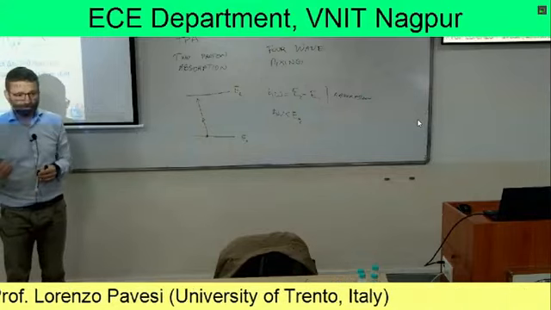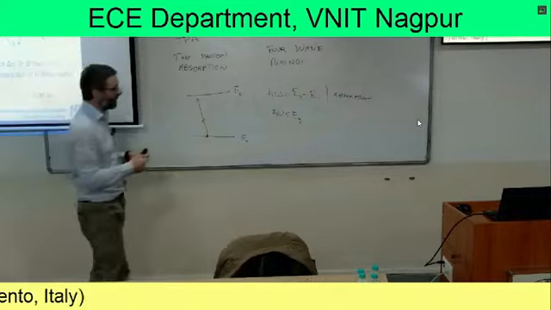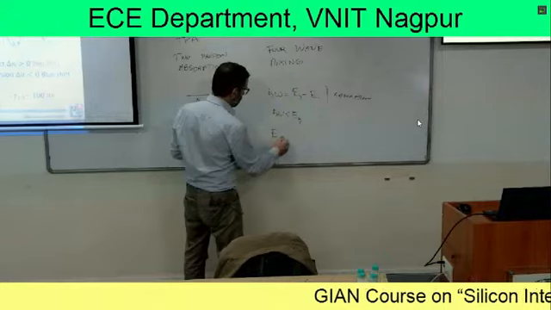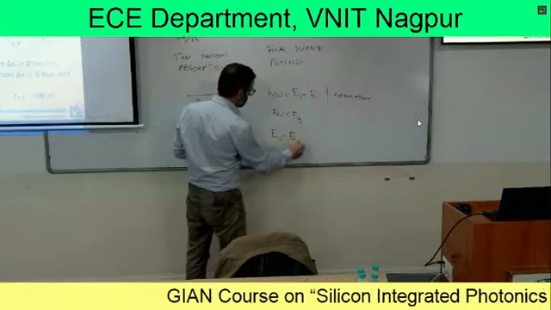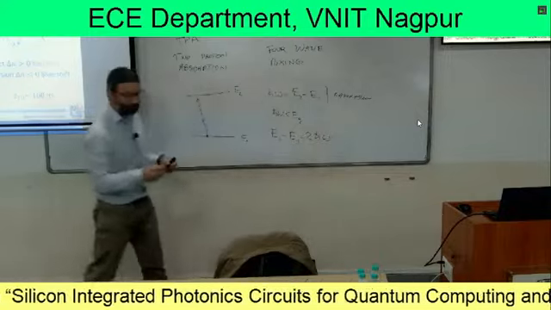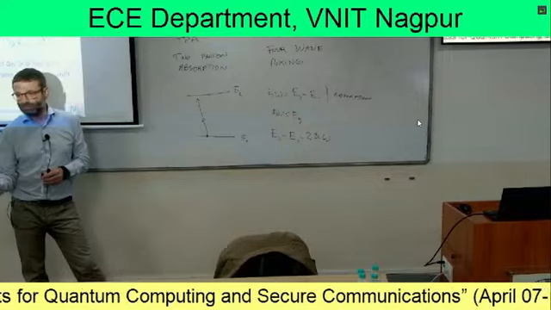The energy of those two photons adds up, so that the energy difference between the two levels is equal to 2 times the energy of our photons. This process is called two-photon absorption.